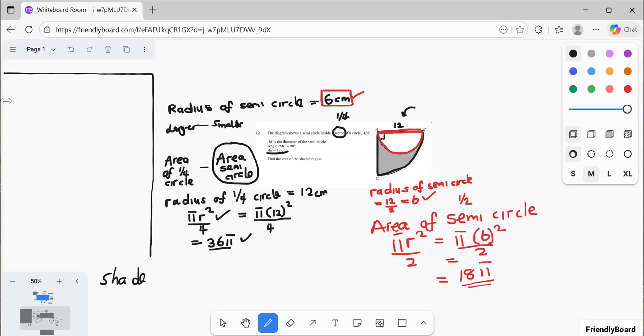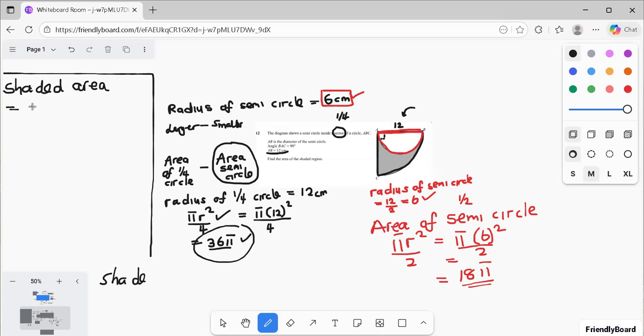So shaded area is equal to, so what was the area of my larger shape? 36 pi here.